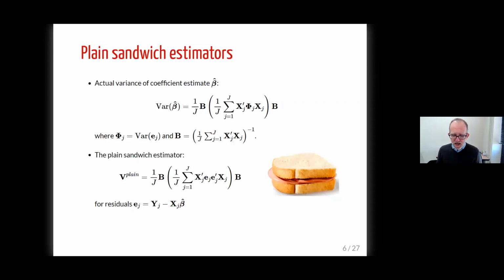If we call this e_j the set of residuals for a given cluster, we're going to estimate the error variance by taking a cross product of those residuals, essentially squaring them or multiplying the residual for student 1 in school A by the residual from student 2 in school A. So we multiply them within each cluster, and that gives us a really, really crude estimate of the variance or covariance of the observations within the cluster.